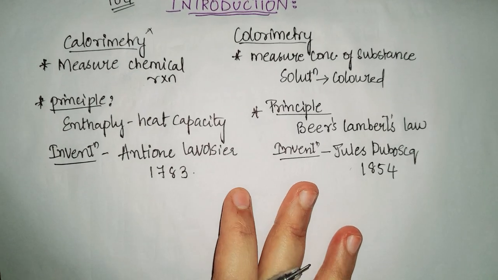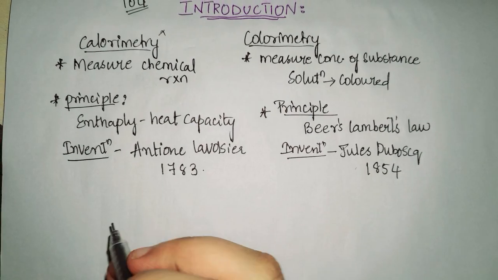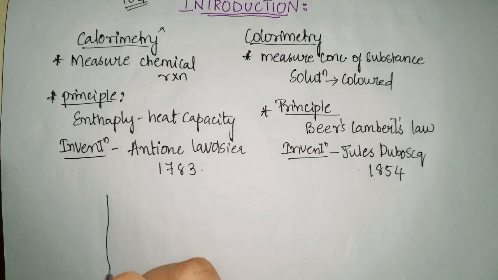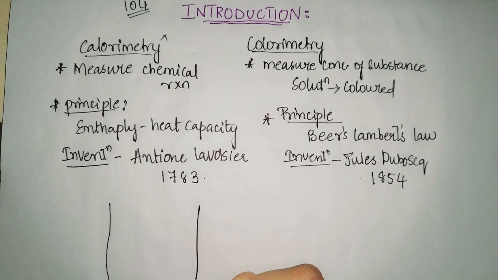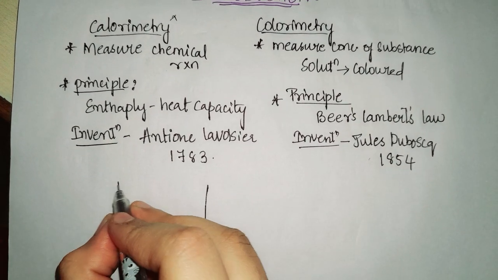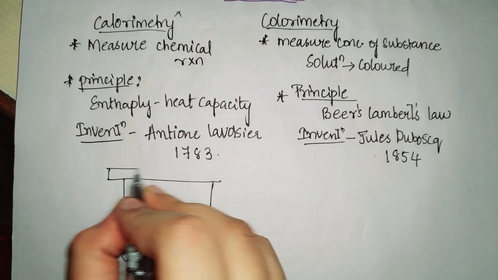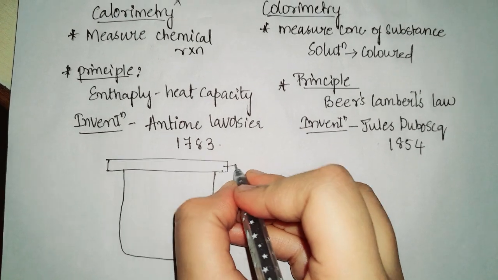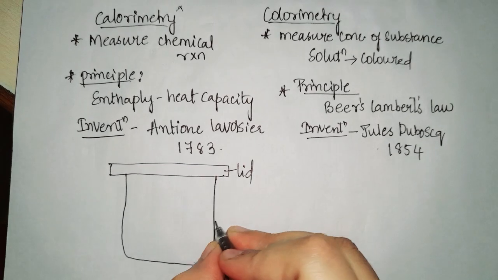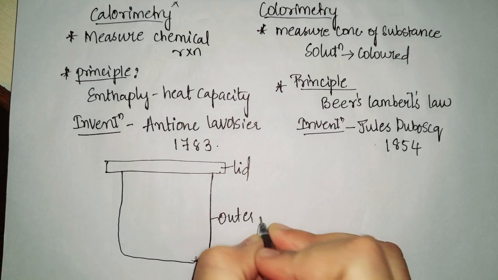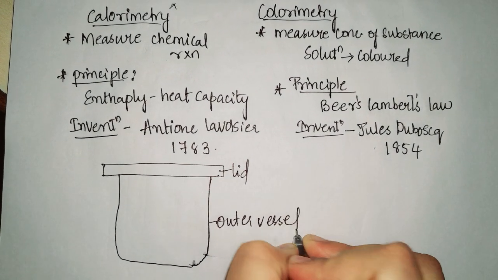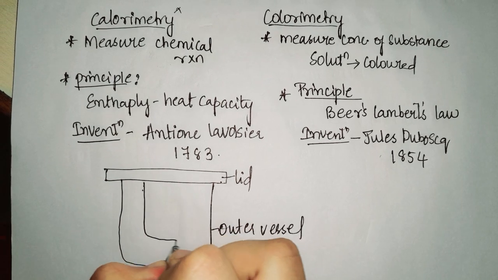Now you want to see the instruments, how they look. So this instrument looks like this. Here I'm going to draw. You can see this is the lid which covers this vessel. This is the outer vessel, and we'll have an inner vessel too.